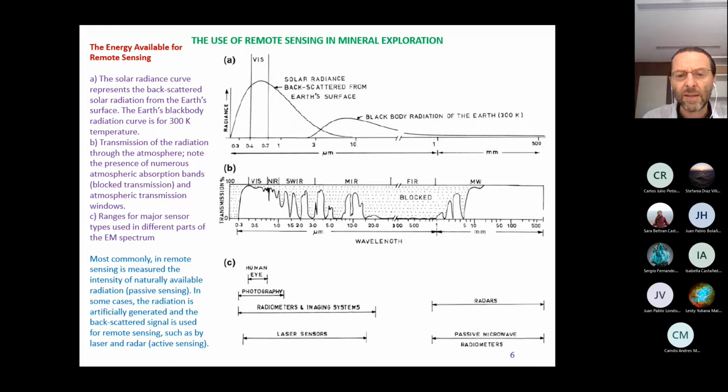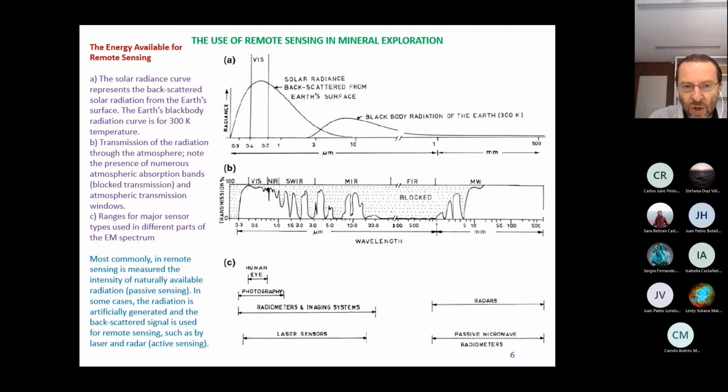What is interesting, before we look at the technology, is that we can look at nature, and look at our eye. You see the human eye, which is very well geared towards this peak of the backscattered solar radiation, in what we call visible. We call it visible because that's where we see.